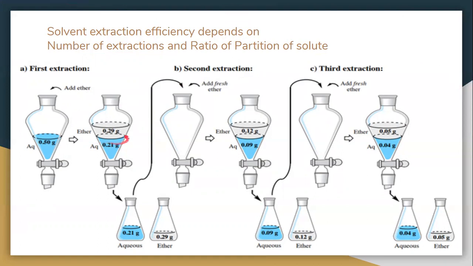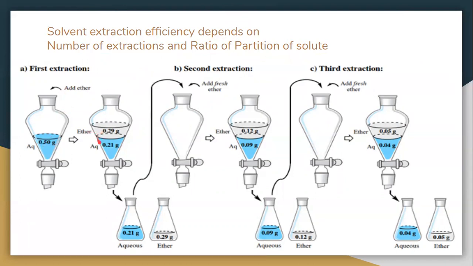I'm showing you particularly two things: the number of extractions and the ratio of partition of the solute. For example, in the last slide I showed 150 ml of aqueous water, in which we dissolved 0.5 grams of solute. To that we add an equal volume of ether.